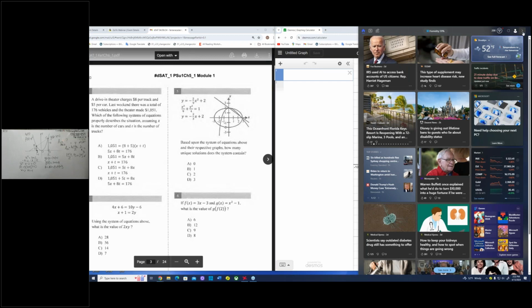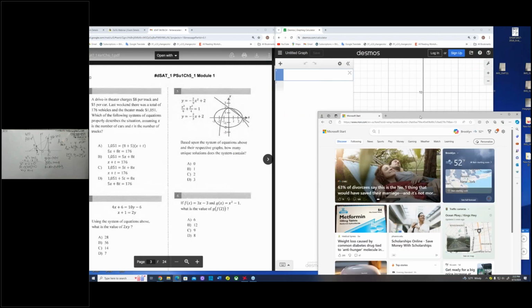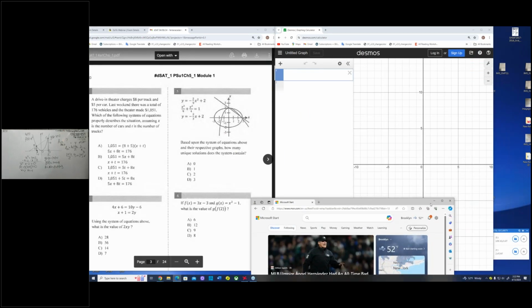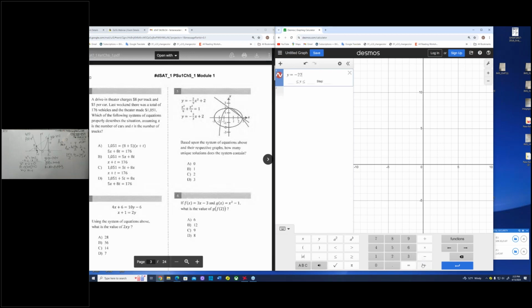Okay, students. For instance, this one. y equals negative 2/9.